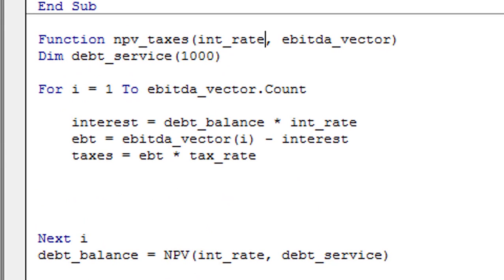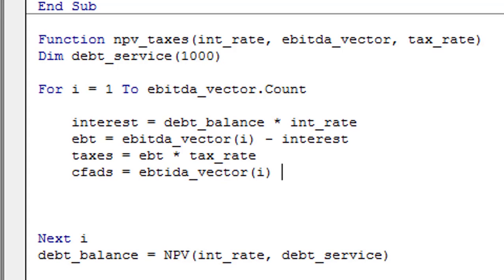So we better read in the tax rate. Not so hard so far. And then we put CFADS equals EBITDA vector with the I minus the taxes.